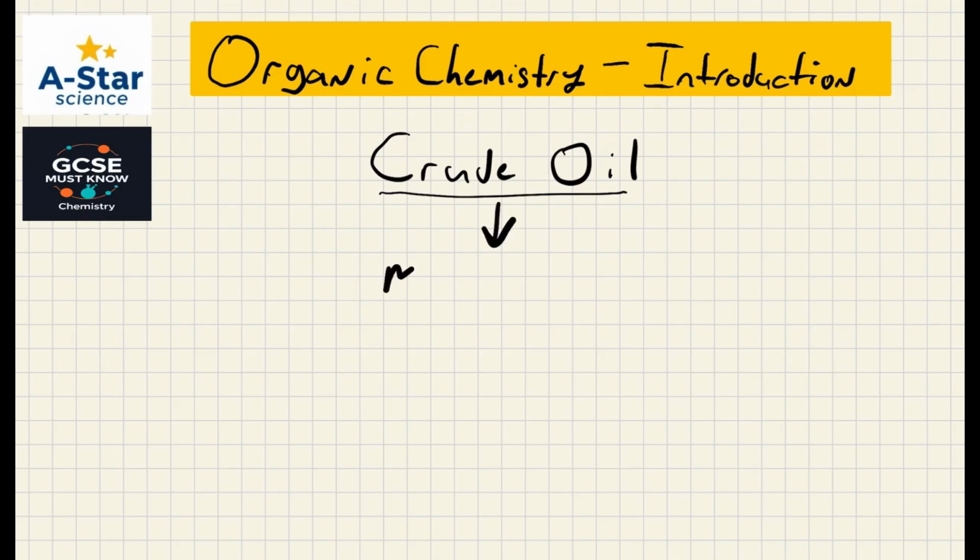Crude oil is a mixture of hydrocarbons. Some of those hydrocarbons have very short chains, some of them have very long chains, and you can learn more about the short and long chains and how useful products are made from these long and short chains through the use of fractional distillation in my fractional distillation video.